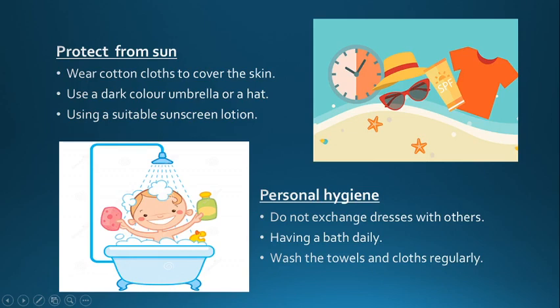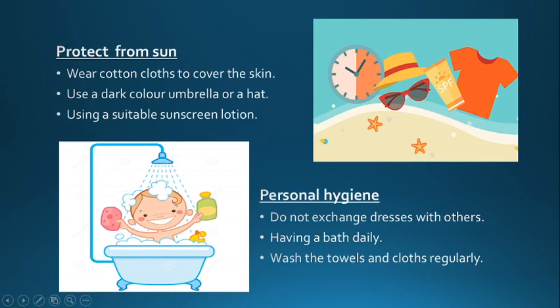Next one is protection from sunlight. If we have to go into the sun, we have to wear cotton clothes to cover the skin, and also we can use a dark color umbrella or a hat to prevent sunlight falling on the skin. On the other hand, we can use a suitable sunscreen lotion.